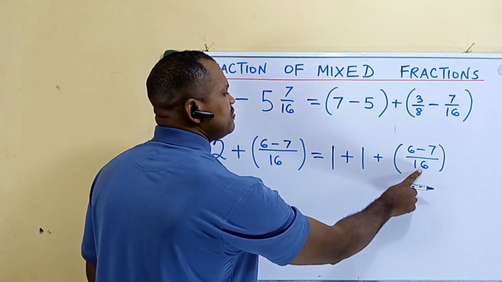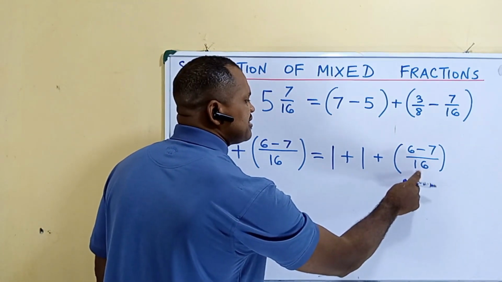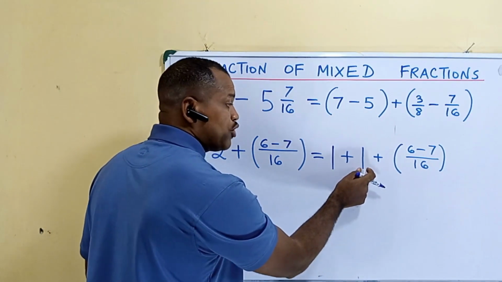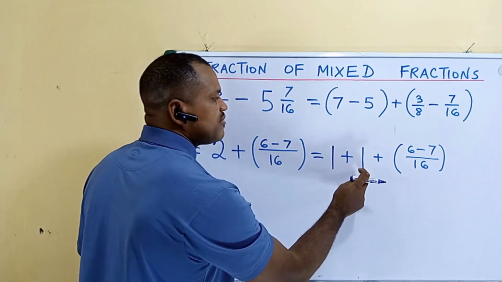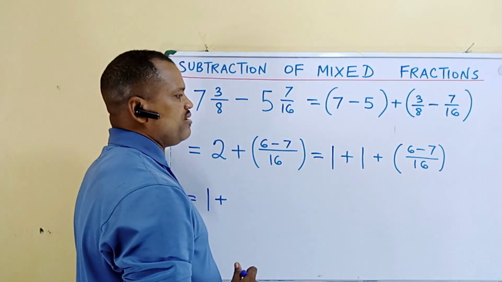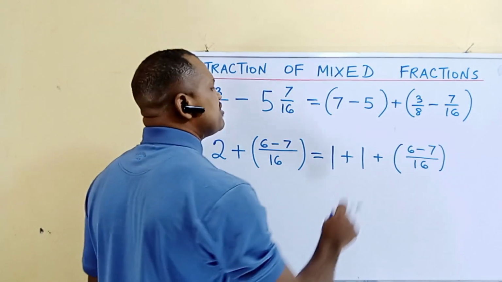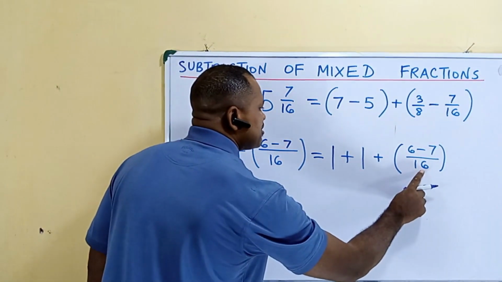Now look at this denominator. Here is 16. The bottom number here is 16. So you make this 1 that you borrowed, make it to be 16 over 16. It also means it's still the same as 1, but 16 over 16. Because here is 16.